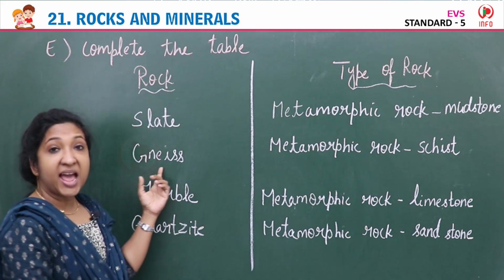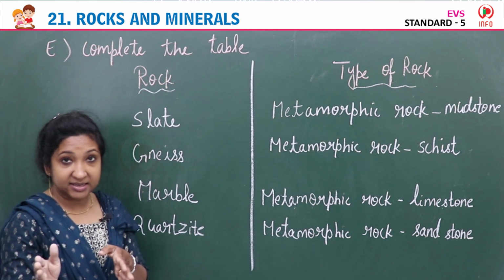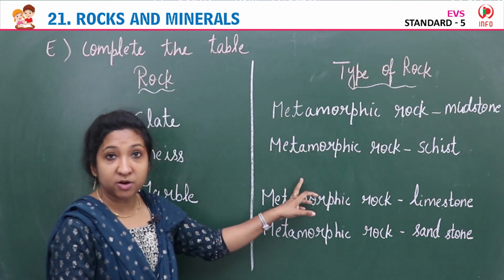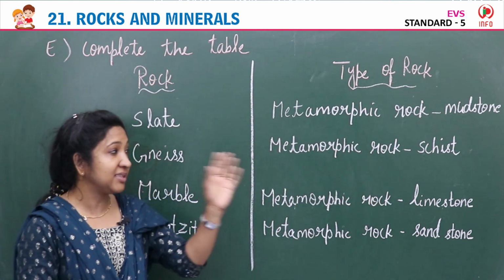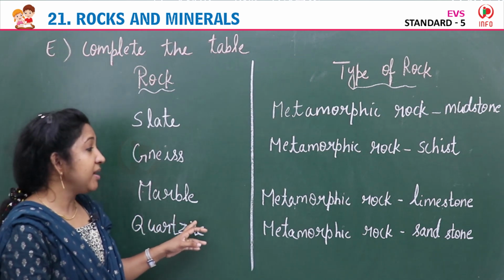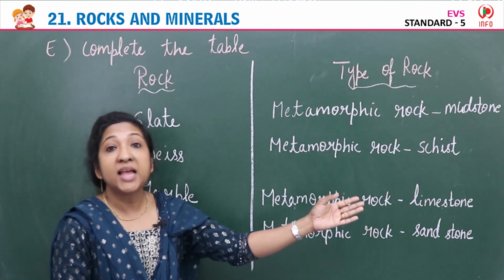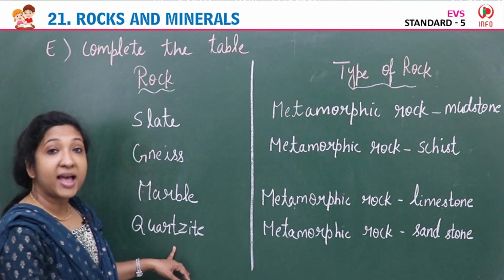Then second, gneiss, G-N-E-I-S-S, the way to pronounce it is gneiss. Gneiss is also an example of metamorphic rock. It is formed from schist, converted basalt. Then third is marble. Marble is another example of metamorphic rock. It is actually formed from limestone. Then last, quartzite.